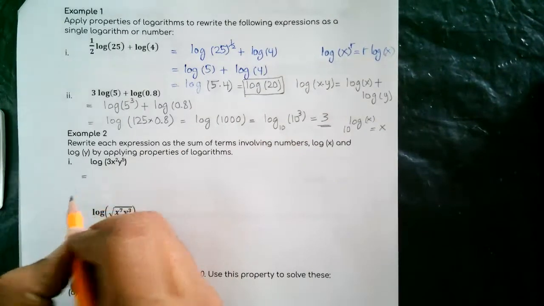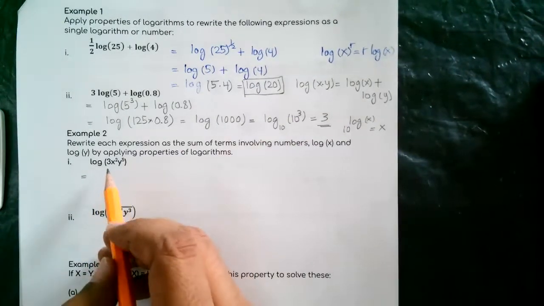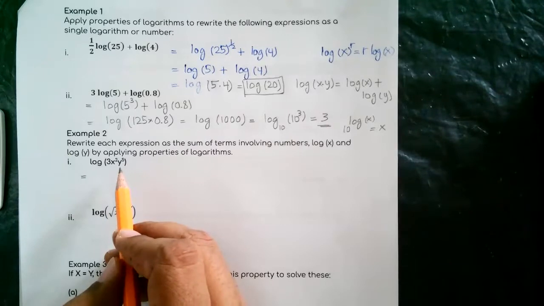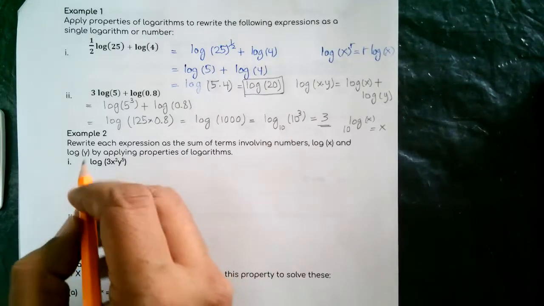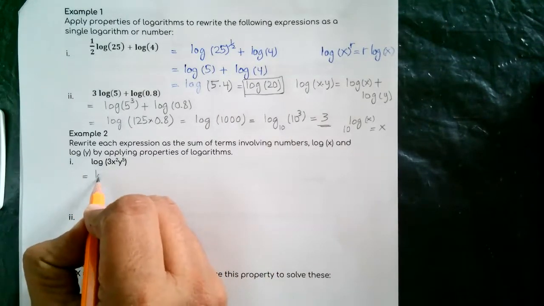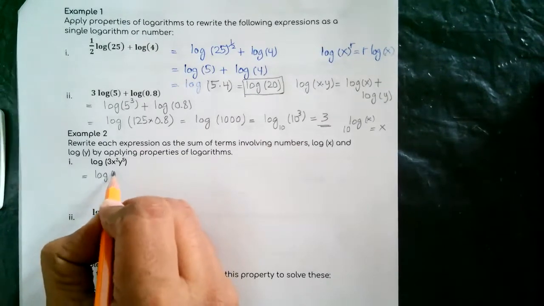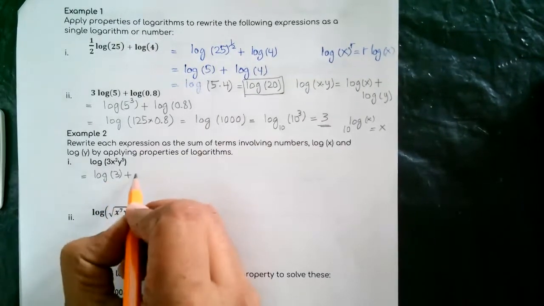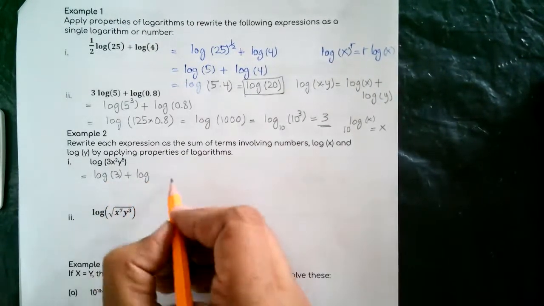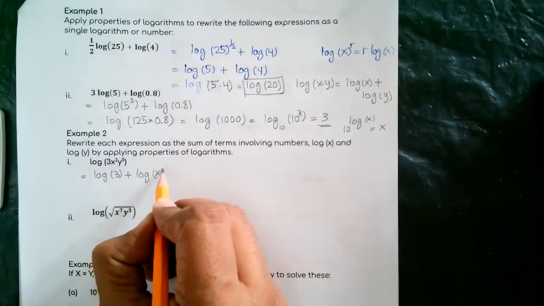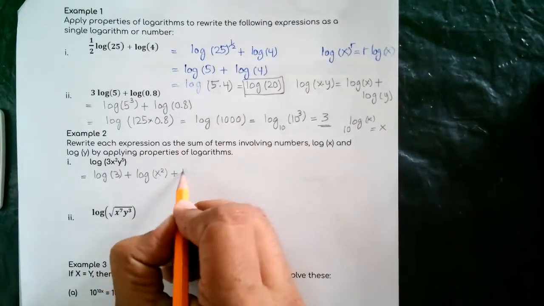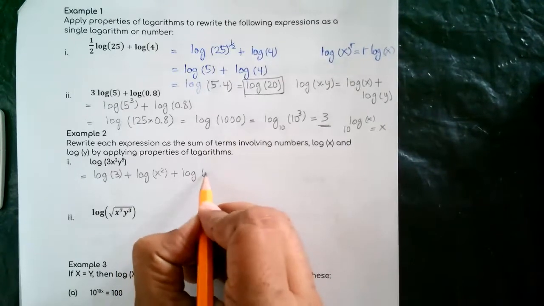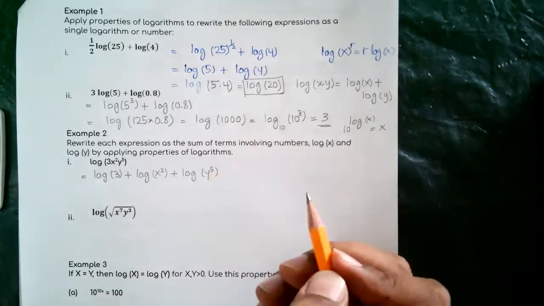Now here, first of all, I see all these terms together and then a logarithm for these. So I'm simply writing them separately as log of 3 plus log of x squared plus log of y power 5. Okay.